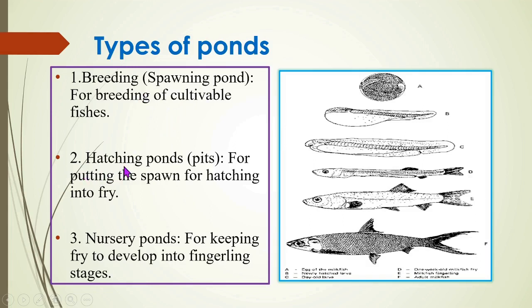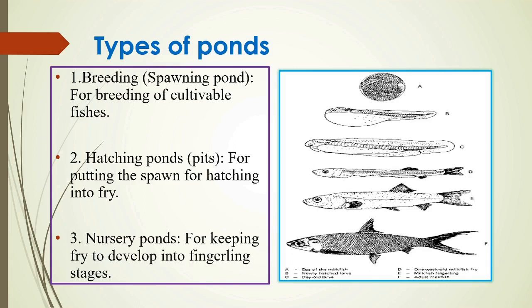Coming to the second pond, that is hatching pond. Hatching ponds are also called pits. They are used for putting the spawn for hatching into fry. As I have already said, the spawn has a mouth.